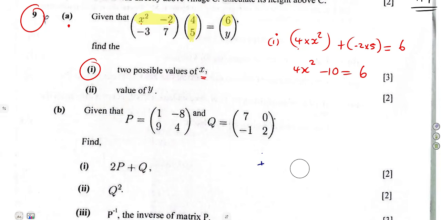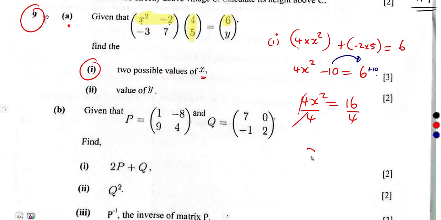So we want to solve for x. To solve for x, take the negative 10 to the other side. It was going to be a positive. So 4x squared is 6 plus 10. That is 16. Divide by 4. So x squared is equal to 4.